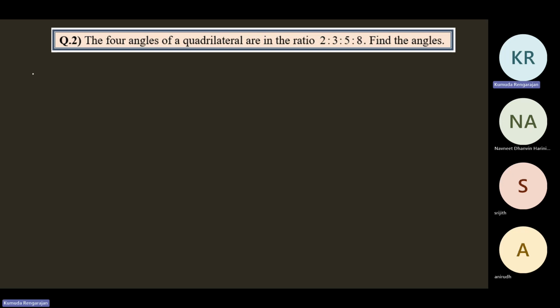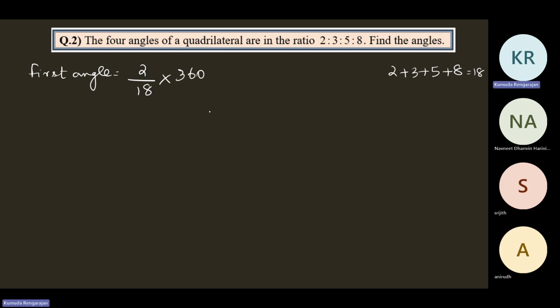So first angle is equal to 2 parts out of 2 plus 3, 5, 5 plus 5, 10, 10 plus 8, 18. The total number of parts is 18. And the first angle is 2 parts out of 18 parts. For 360, how much?